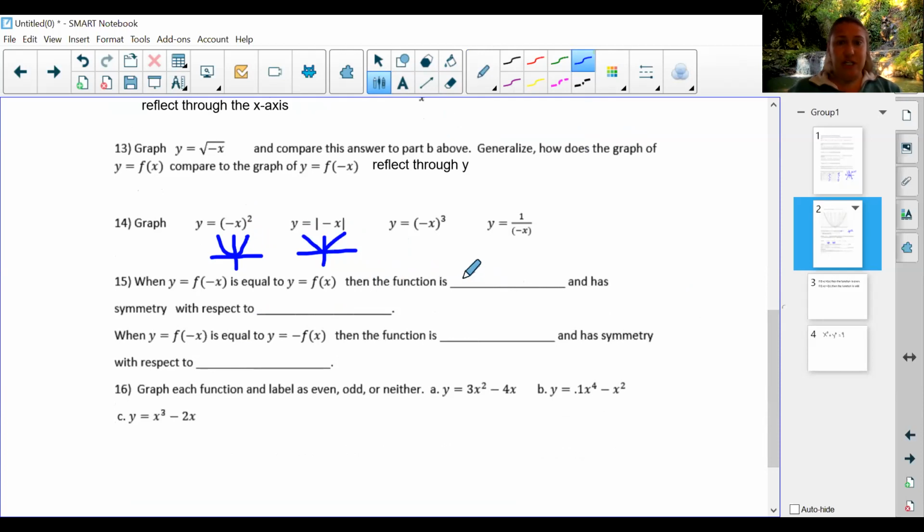This type of function is known as an even function. So y equals x squared is an even function, so is the absolute value of x. And it has symmetry with respect to the y-axis.